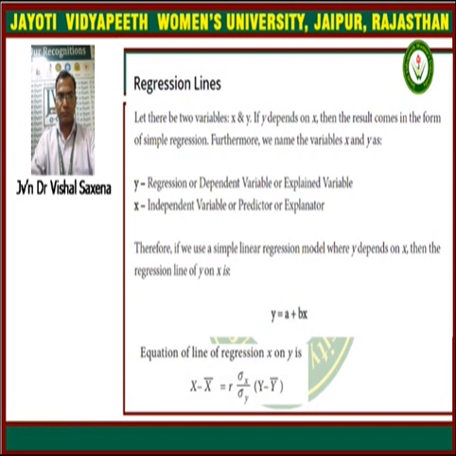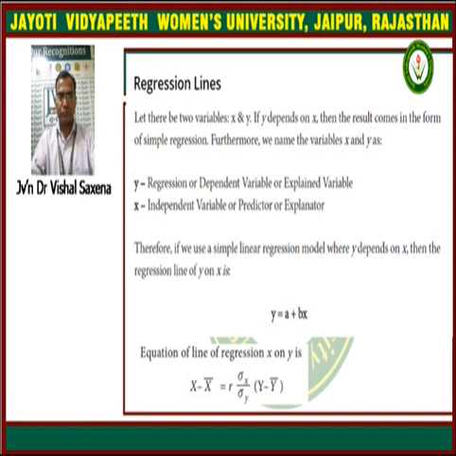The whole term r sigma x upon sigma y is called the regression coefficient bxy. It is one of the regression coefficients, and it is given by r sigma x upon sigma y.